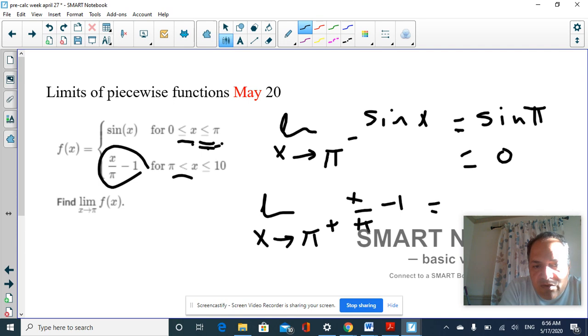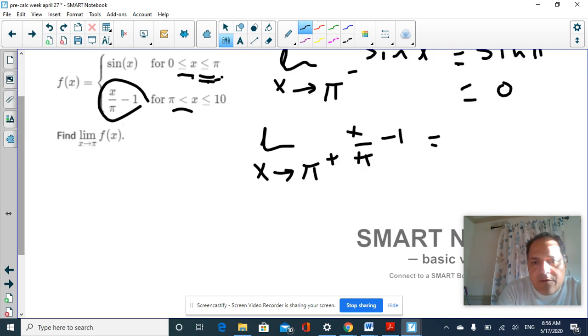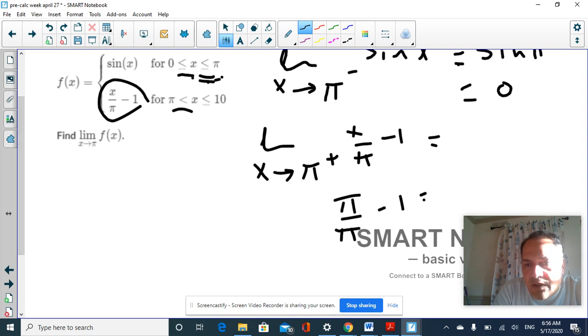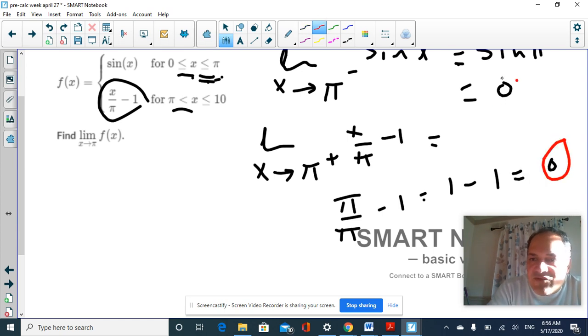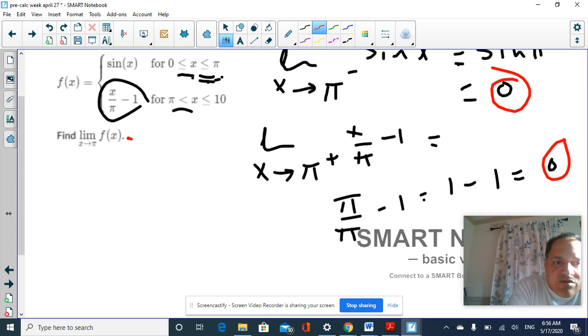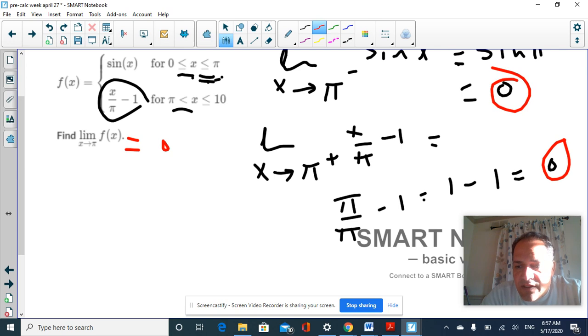So we plug in pi, so it's pi over pi minus 1. So it's equal 1 minus 1 is what? 0. So your limit from left and right are equal. So the limit of the function here must equal 0, because both are equal from left and right.